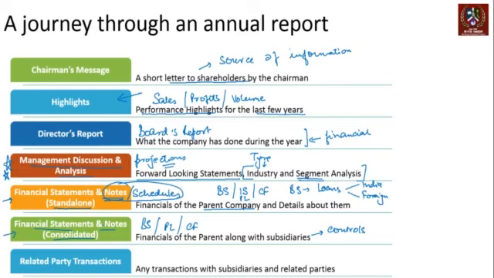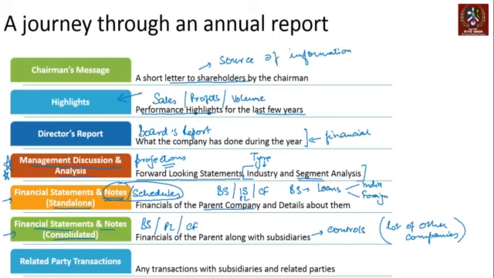Similar picture, but sometimes consolidated pictures become significantly different if a company has a lot of other companies that it controls, right? Then you could have significant differences between the standalone financial statement and the consolidated financial statement, right? Again, we will look at these in more detail as we go along over the course of the next few videos.